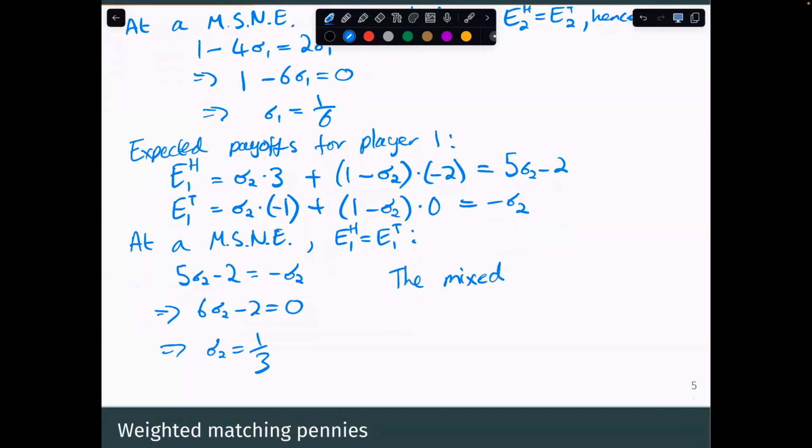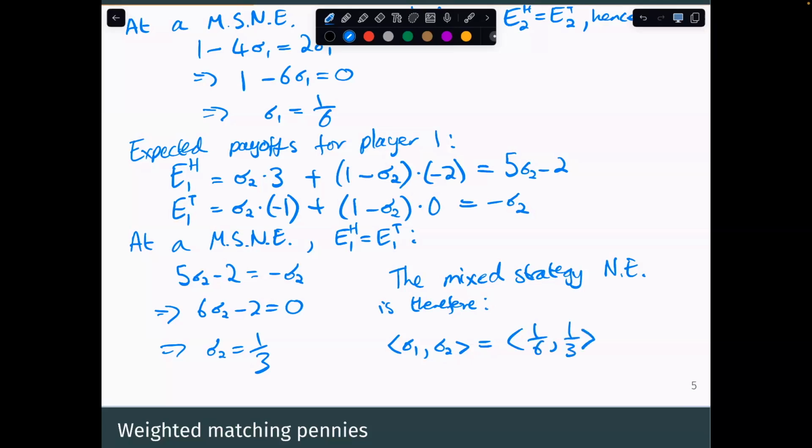So the mixed strategy Nash equilibrium is therefore, we can write it in this form here, sigma 1, sigma 2 is equal to 1/6, 1/3. We can write it in this form, saying the probability that player one plays heads is 1/6, the probability that player two plays heads is 1/3.